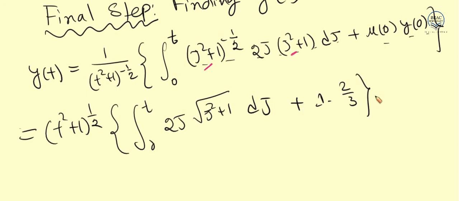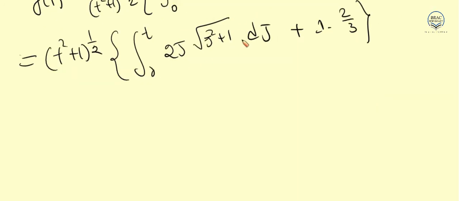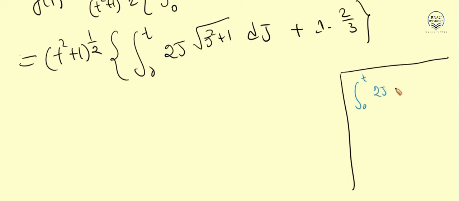Okay, now what remains is to evaluate this integration, which is pretty easy if you remember how to use integration by substitution. So this is just the integral from 0 to t of 2 tau times square root of tau squared plus 1, d tau. Take tau squared plus 1 to be u, so u equals tau squared plus 1, then du is just 2 tau d tau, right? And this is precisely the integration that we have.